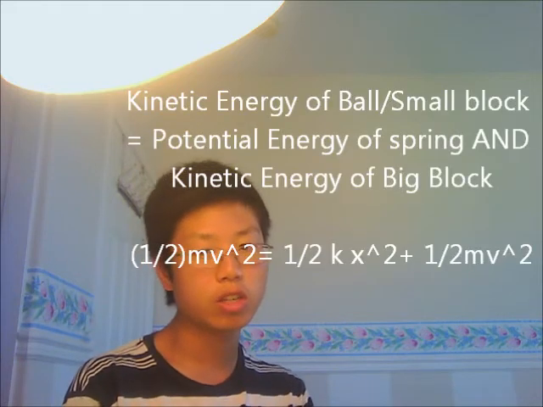However, instead of having complete transformation from kinetic energy to potential energy, the ball of clay will also cause the big block to move. Thus, not all of the kinetic energy is converted into potential energy.